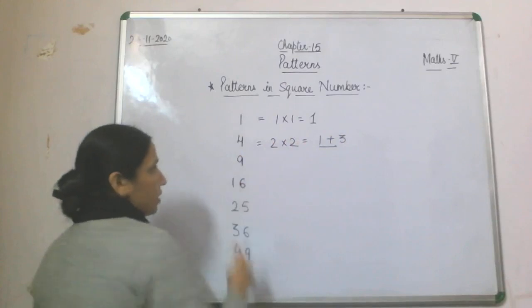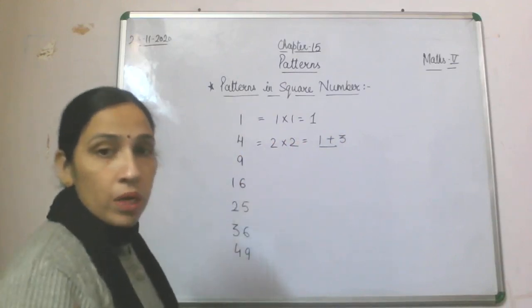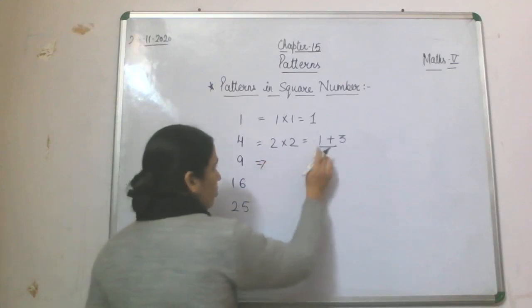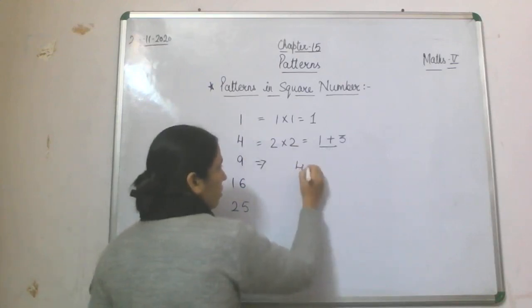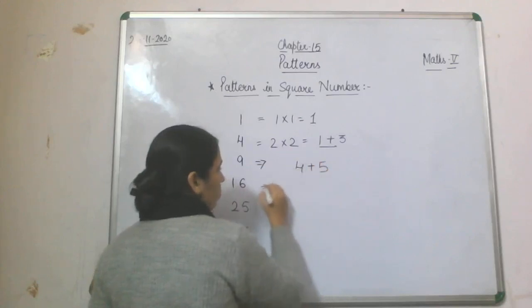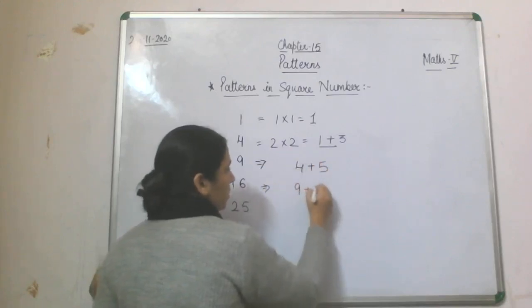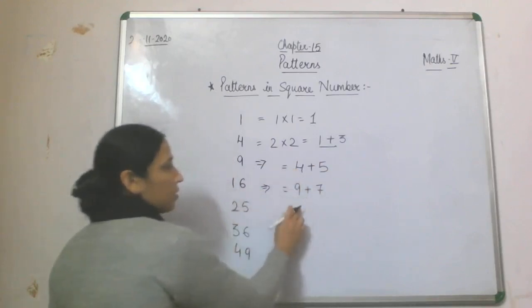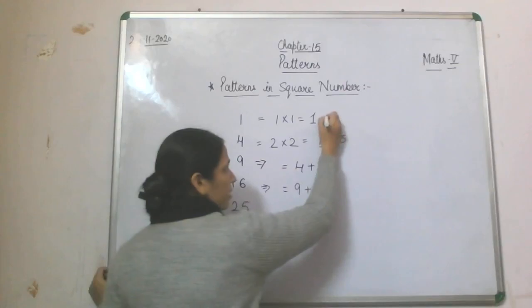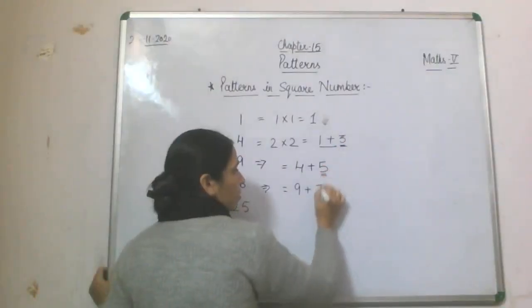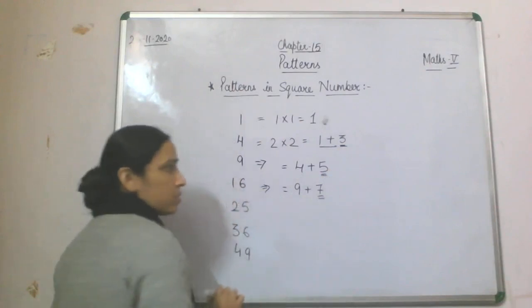So in between, whichever odd number you will be getting, the first odd number. See this also, what we will do: 4 plus 5 next. Then what we will be getting, 9 plus 7. You can see that we are adding here. What are we adding here? We are adding odd numbers.